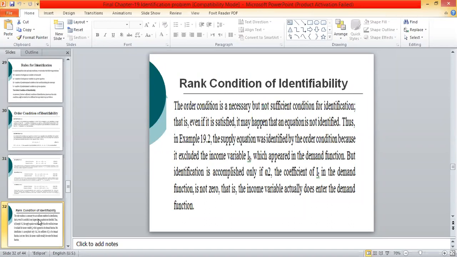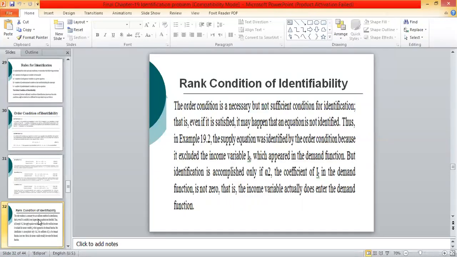Even if the order condition is satisfied by an equation, it may be unidentified because the predetermined variables excluded from this equation but present in the model may not all be independent, so that there may not be a one-to-one correspondence between the structural coefficients and the reduced form coefficients.